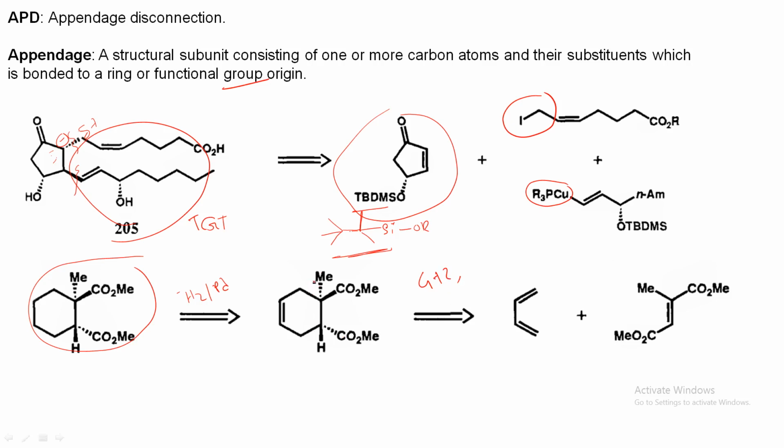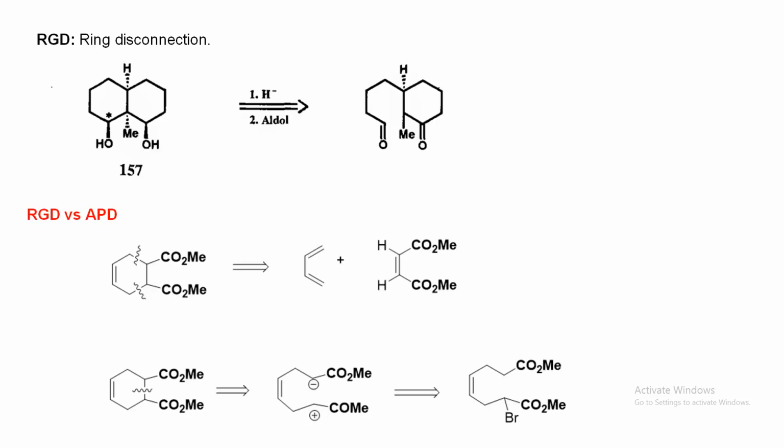For Diels-Alder reaction we generally disconnect these two bonds and generate one diene and one dienophile. You can see the diene and dienophile are easily generated, as we have disconnected two bonds and made two easily available molecules, and by simple Diels-Alder reaction we can make this. So this is also an example of appendage disconnection.